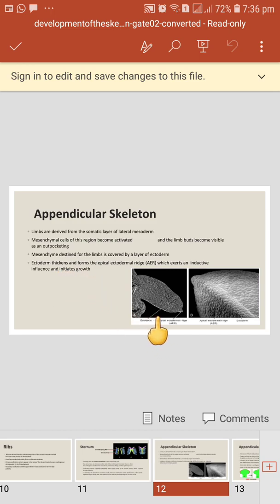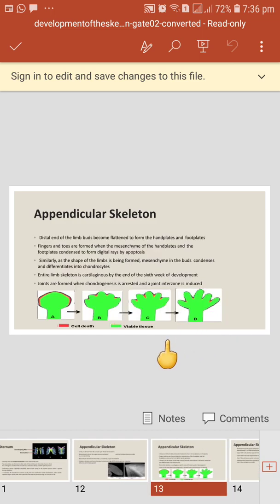In this diagram you can see the overlying ectoderm, and this is the apical ectodermal ridge. In this diagram again, this is the apical ectodermal ridge. In the appendicular skeleton, the distal end of the limb bud becomes flattened to form the hand plates and the foot plates.